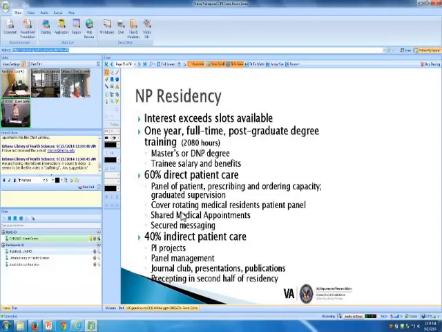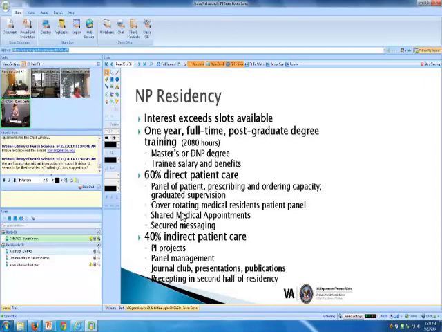And then they have some other specialty rotations that they do. At one of our sites, Boise, they created an inpatient rotation for the NP resident, just so that they would understand how patients transition from the primary care setting to the hospital and back.